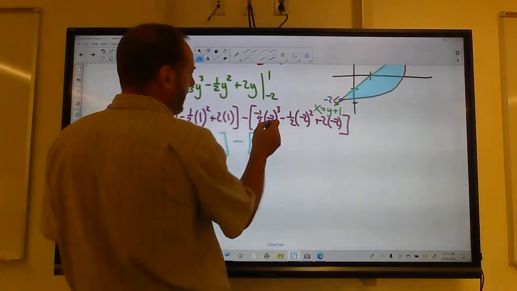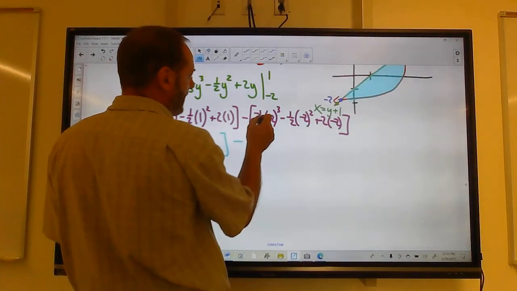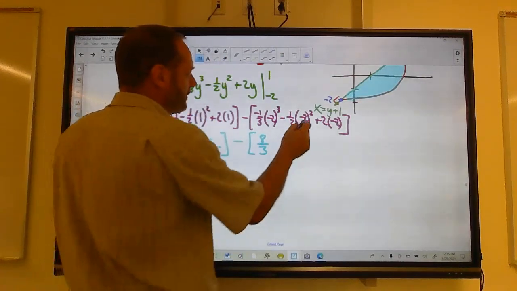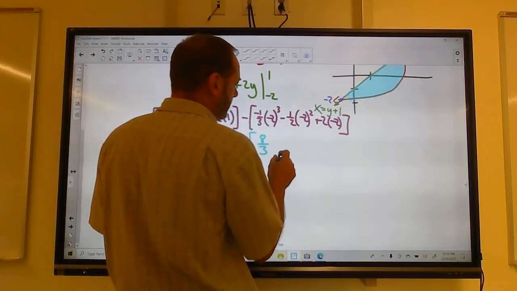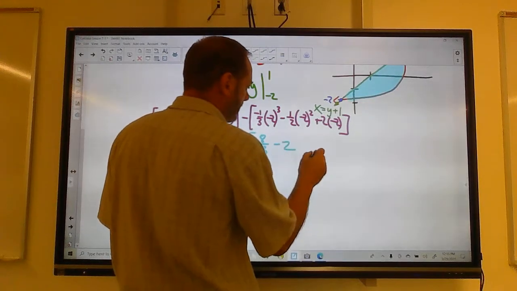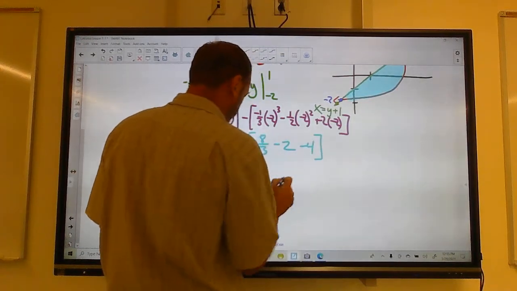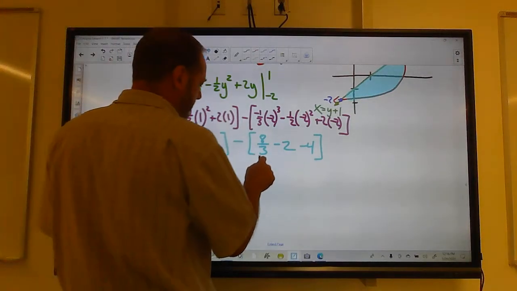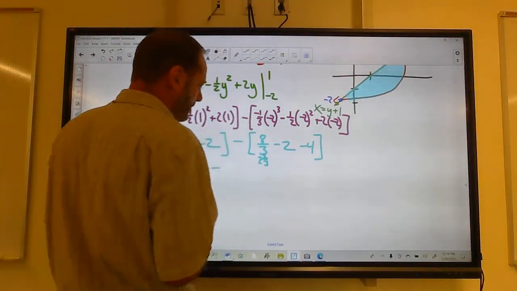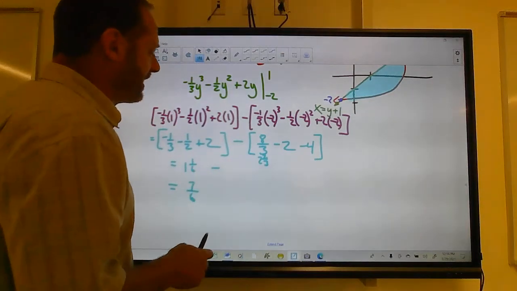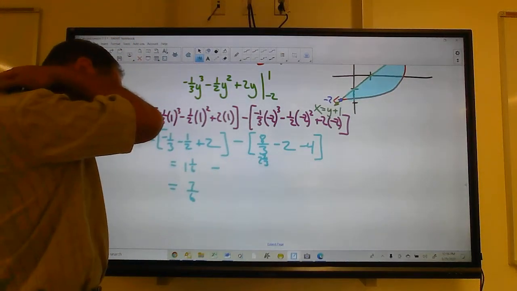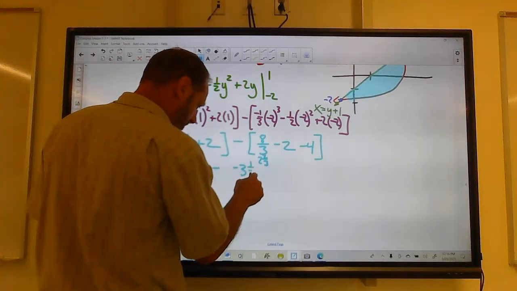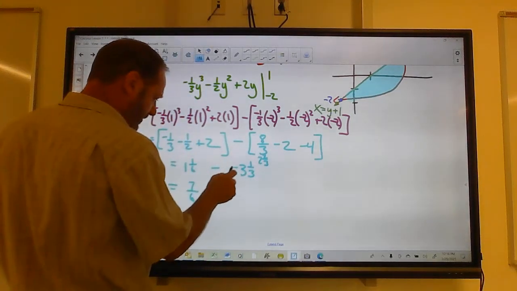Okay, this is -8, that's +8/3. This is 4 times, that's going to be -2, and -4. Okay, so again, this is 2 2/3. -2 is going to be 2/3. -4 is going to be -3 1/3. Which these two negatives are going to cancel out.